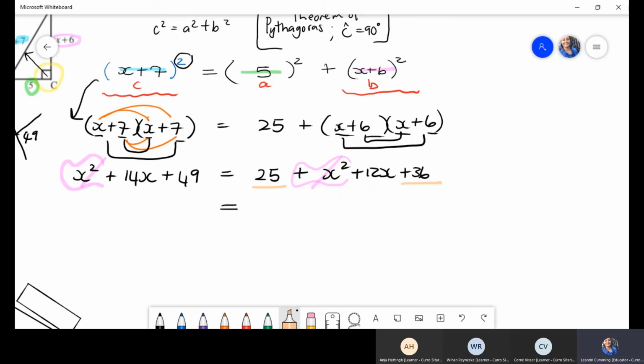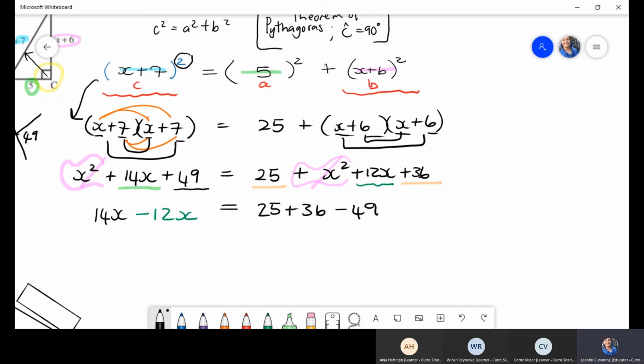So for the sake of leaving my higher x coefficient on the positive side, let's leave 14x here and let's carry over. 14x, let's go fetch the other x. Minus 12x is equal to whatever I have left here, 25 plus 36 minus 49.